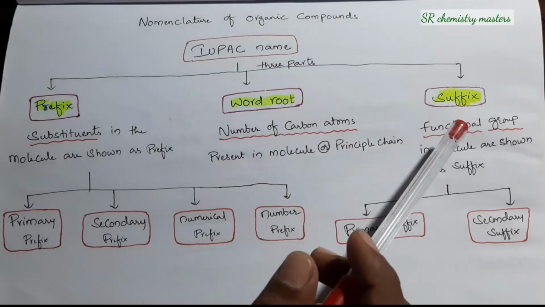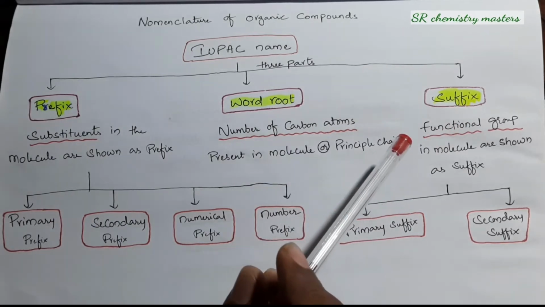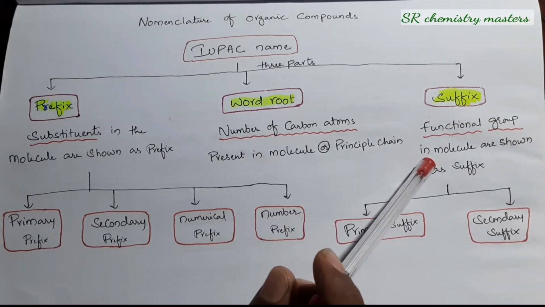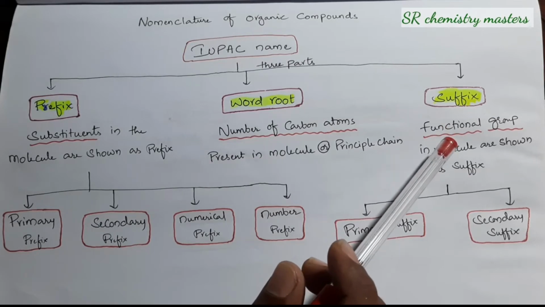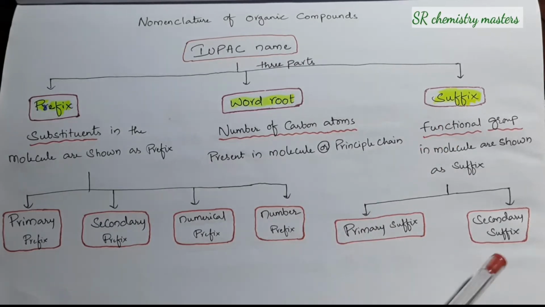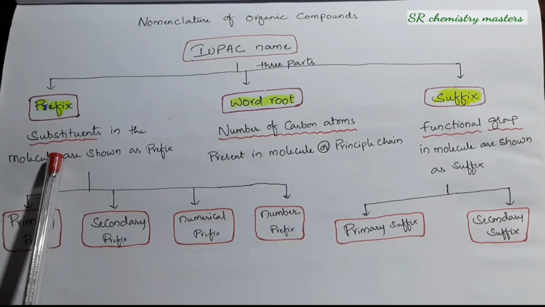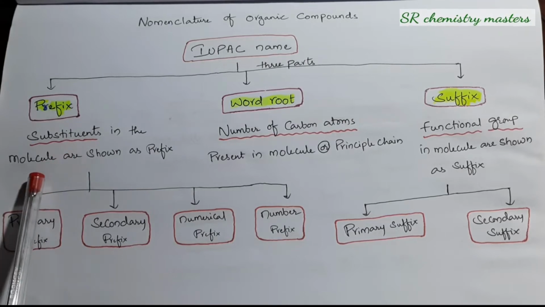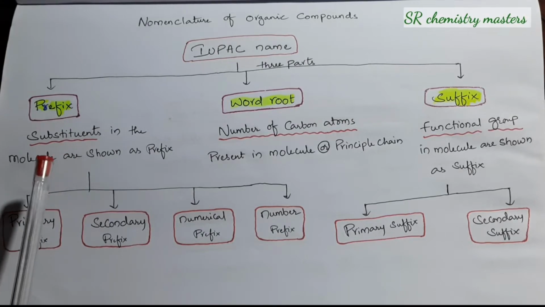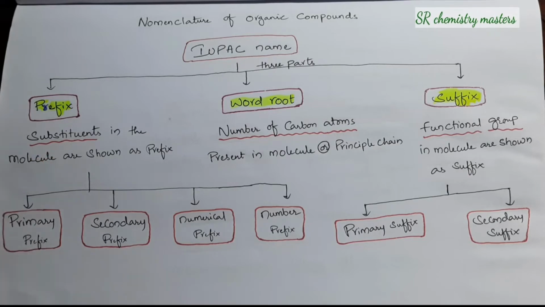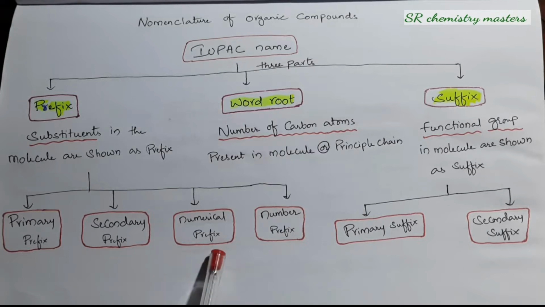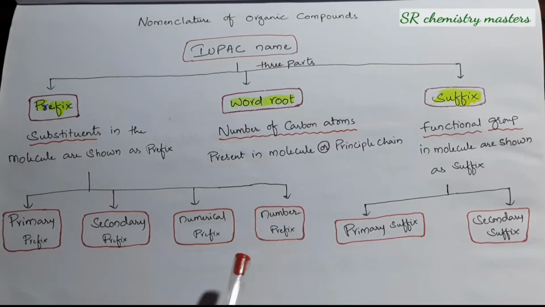Suffix includes the functional group present in the molecule, and suffix is of two types, primary suffix and secondary suffix, whereas prefix is the substituent present in the molecule. Prefix is of four types, primary prefix and secondary prefix. In addition to this, we have numerical prefix and number prefix.